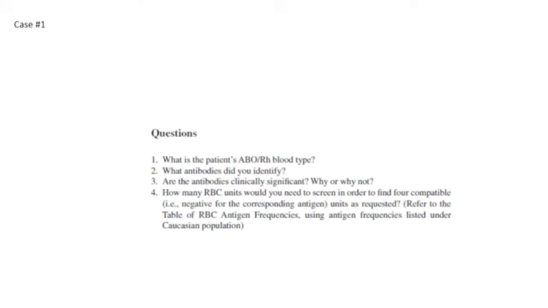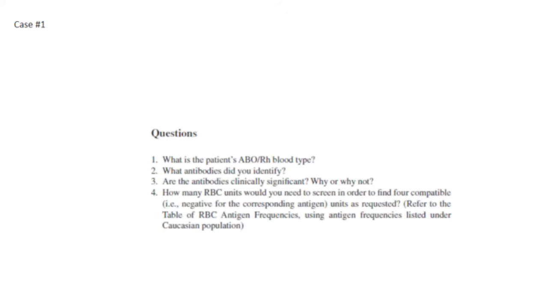So getting to our questions, what is the patient's ABO-Rh blood type? O positive. Correct. What antibodies did you identify? Anti-big E. Correct. Are the antibodies clinically significant? Why or why not? Yes, anti-big E is clinically significant as it's an IgG, and it is capable of causing delayed hemolytic transfusion reactions as well as hemolytic disease of the fetus and newborn.